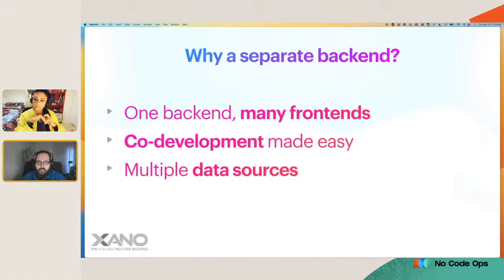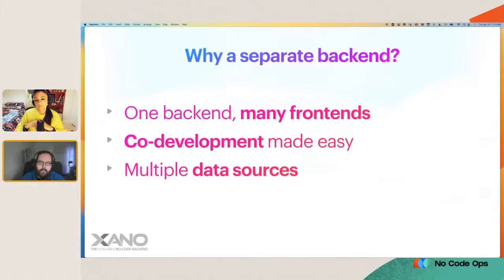Multiple data sources. This is a big thing, and I'm actually going to talk about this a little bit more when I give the demo. But let's say maybe the data that your application uses doesn't always live on the application. Last week when we talked a little bit about a movie search application, you're not going to maintain that data yourself, right?